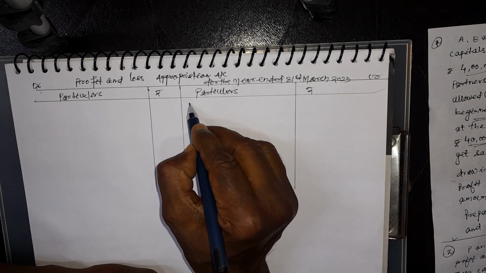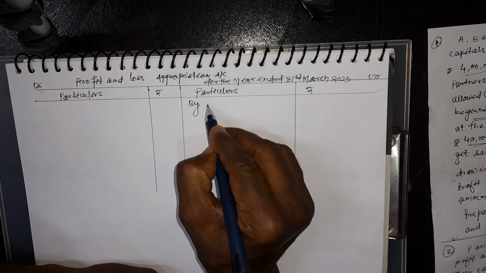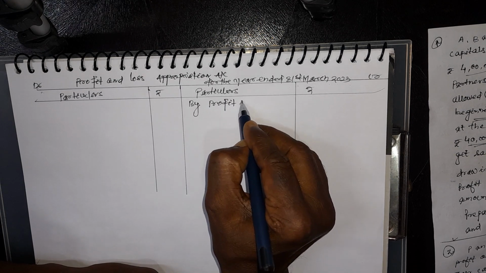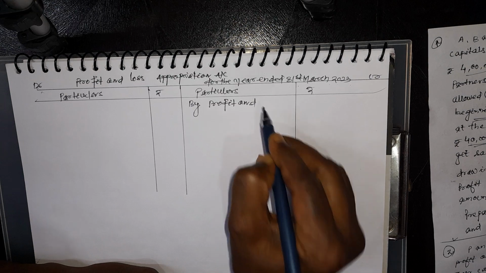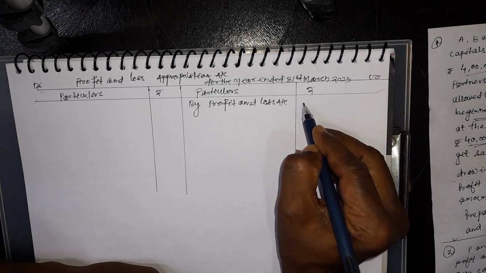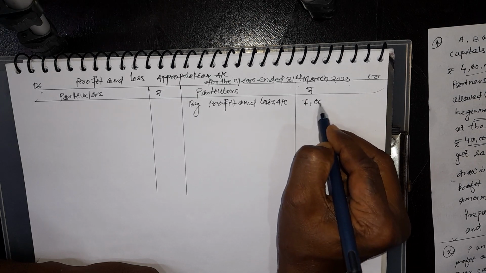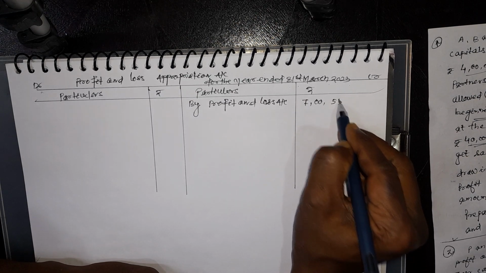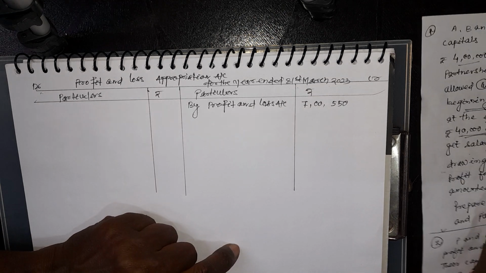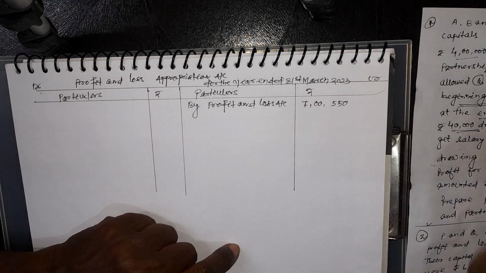So first we will write the profit: profit and loss account, 7,550,000.